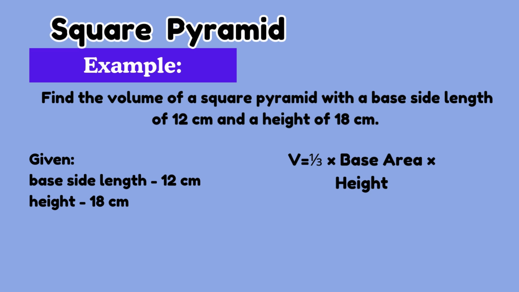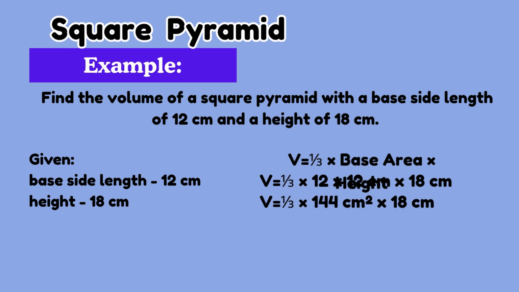Now we simply substitute the given. Since it's a square pyramid, let's multiply 12 cm by itself and it will make 144 cm squared, and that is our base. We have now volume equals 1/3 times 144 cm squared times 18 cm, which is the height.